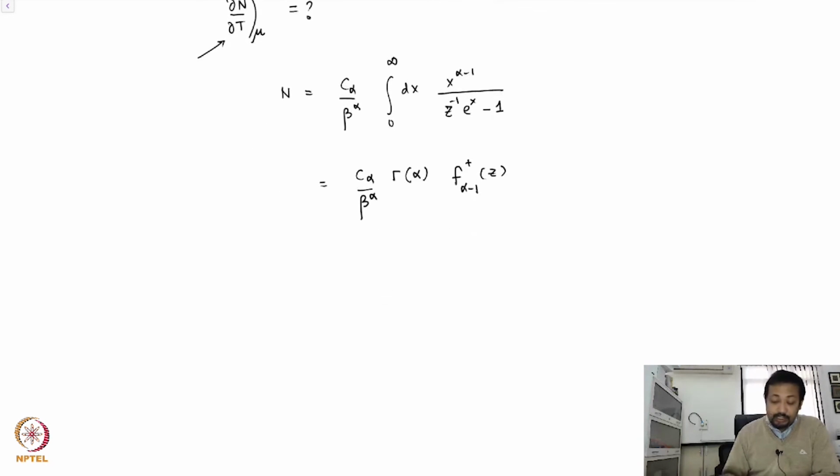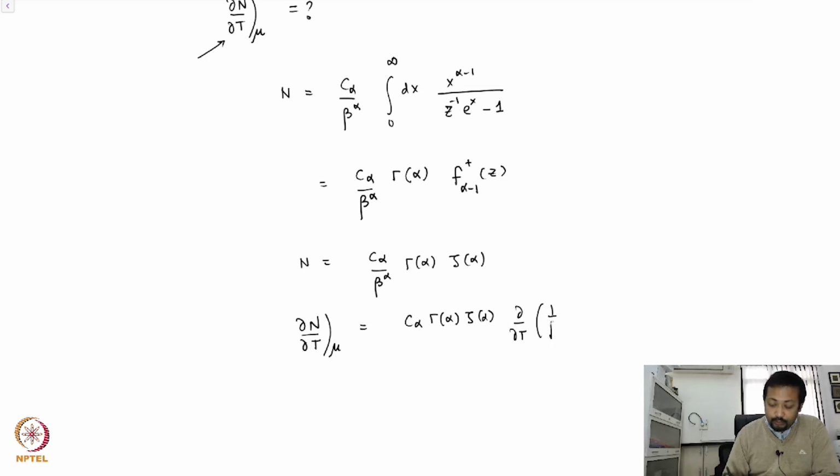And close to Tc I have n as C alpha beta alpha gamma alpha zeta of alpha, so that del n del T, mu held constant becomes C alpha gamma alpha zeta alpha del T of 1 over beta alpha.